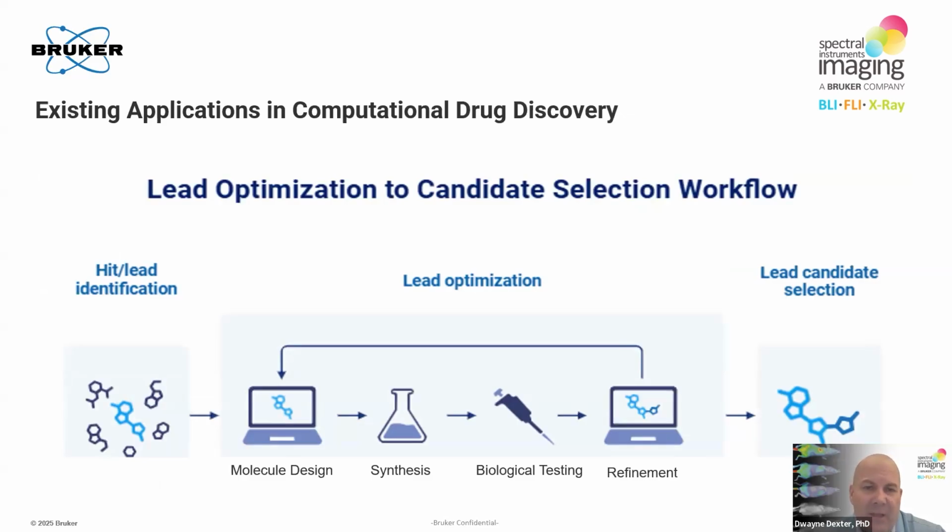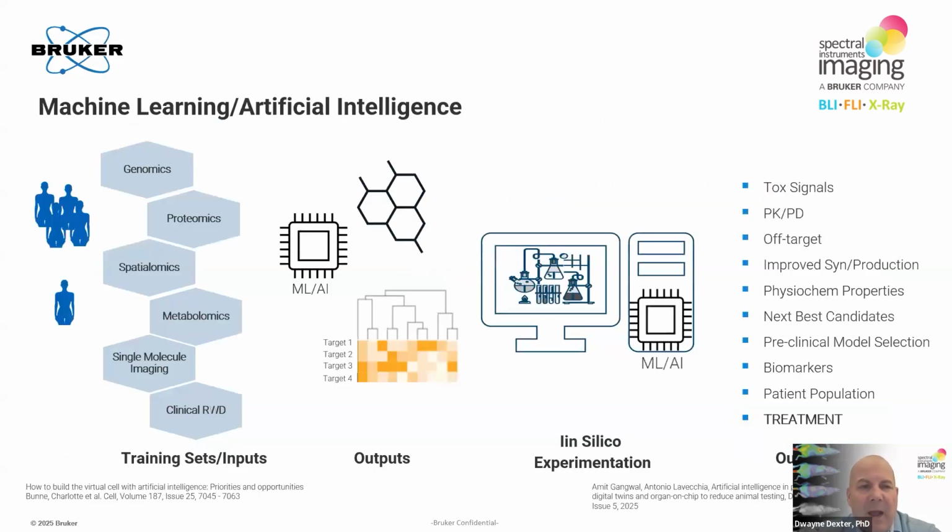So computational methods in terms of drug discovery is not a new concept. What is new is how to use machine learning and artificial intelligence in the drug discovery process, but also in the disease or target identification process.